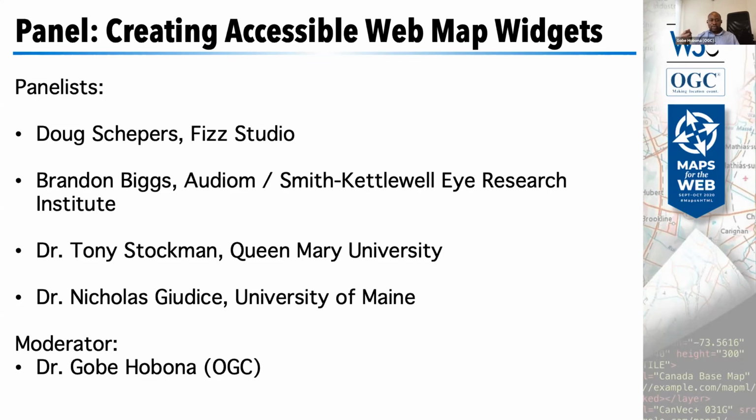So my next question to you is, can you please suggest ideas for experimentation that could improve understanding of the issues surrounding auditory maps and accessibility of web maps in general? Help us to prioritize our thinking in terms of where we should focus our innovation work.